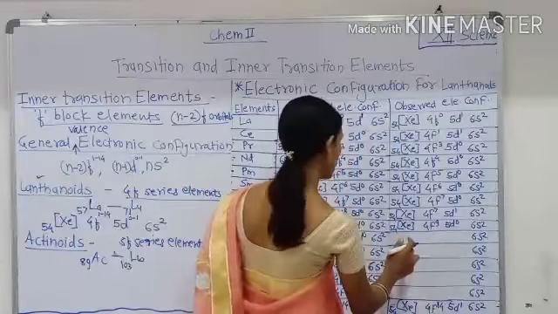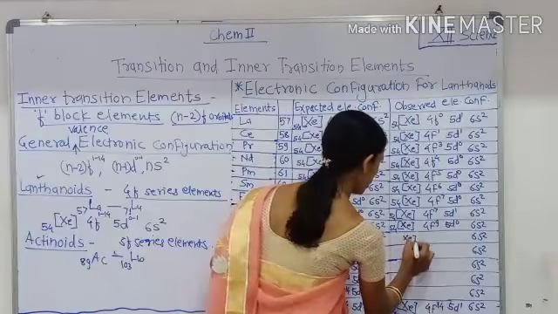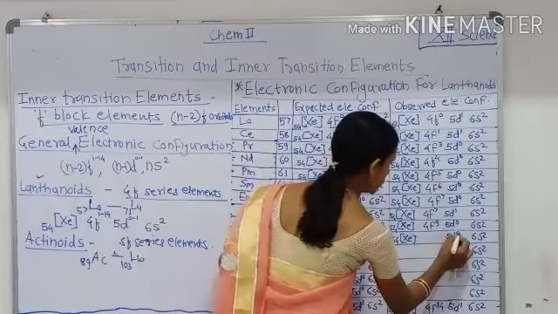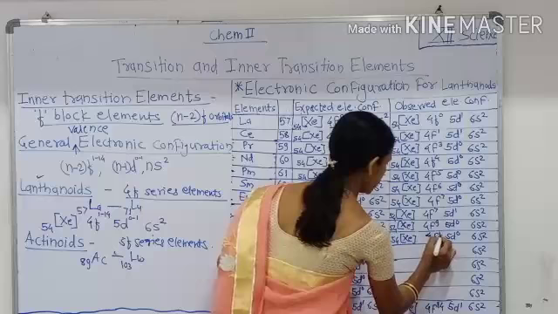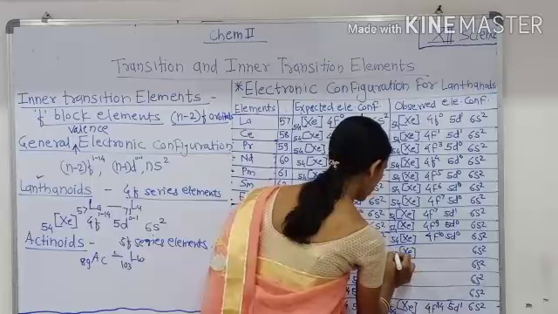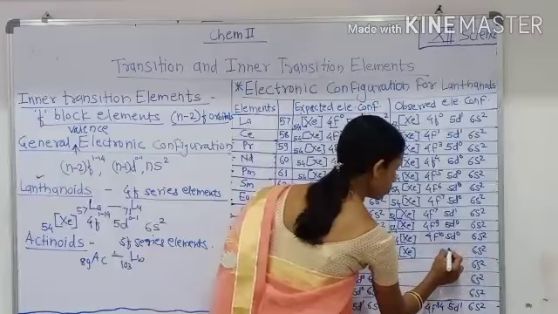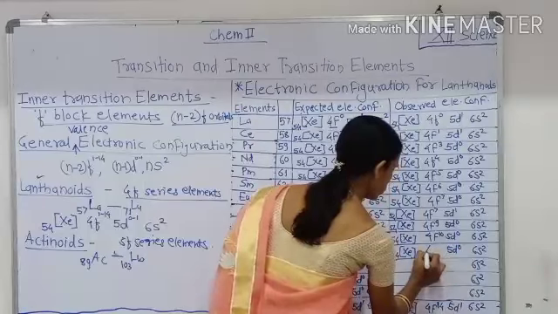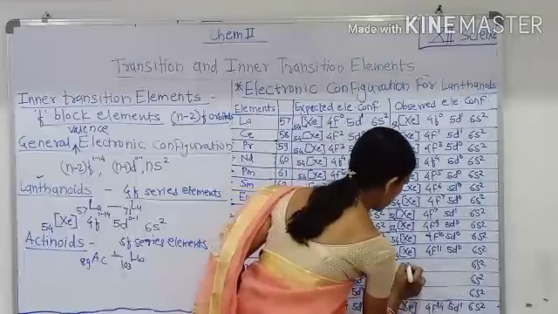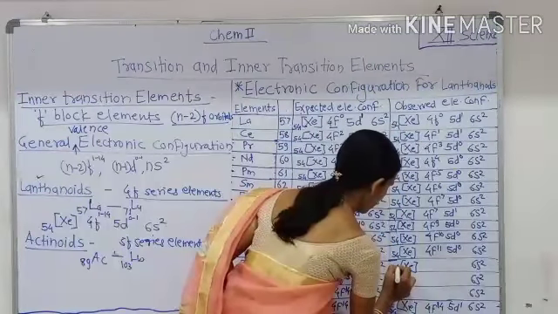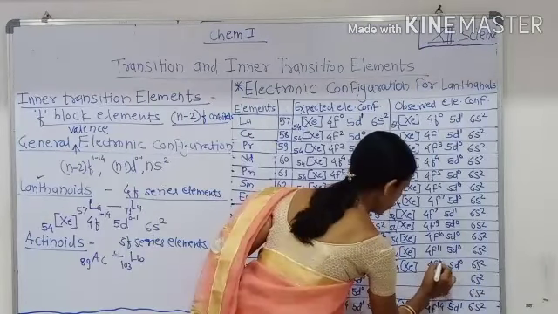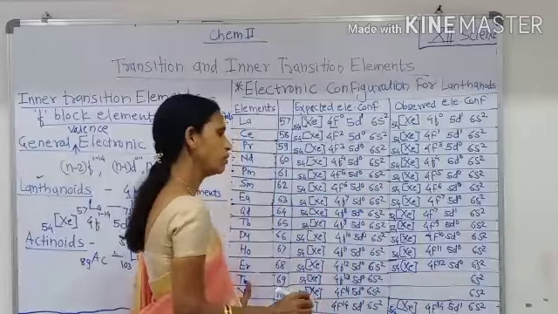Then next dysprosium, xenon 54, 6s2, 5d0, 4f10. For holmium, xenon 54, 6s2, 5d0, 4f11. For erbium, it is xenon 54, 6s2, 5d0, 4f12 electrons are there in the 4f orbital.